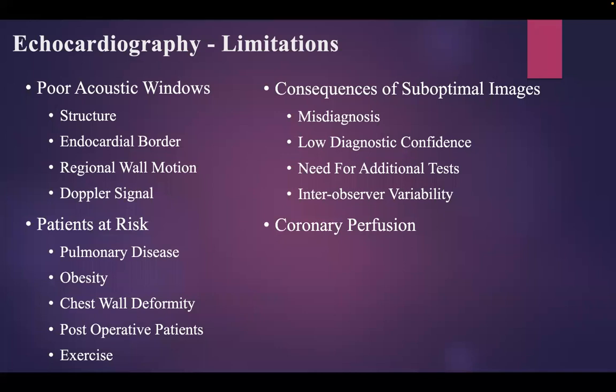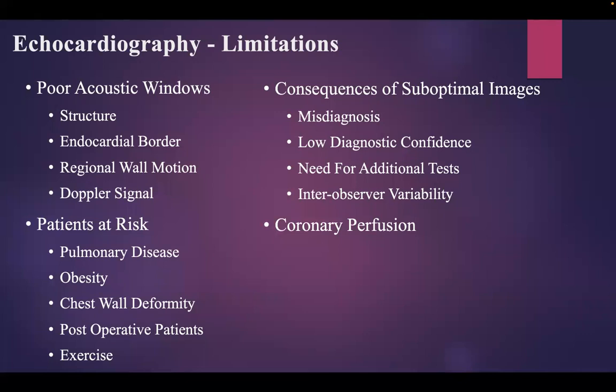It is very useful because we all know that echocardiography per se has limitations when there are poor acoustic windows, based on which we can't define the structure, we can't look at the endocardial border properly, we can't assess the regional wall motion, and the Doppler signal sometimes can be very difficult to look at, especially if you want to look at tricuspid regurgitation and calculate the pulmonary pressures. It is important that the Doppler signal is good.